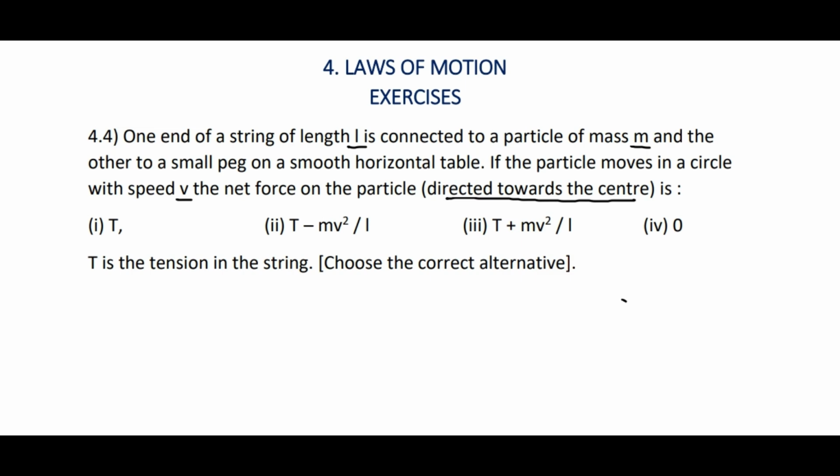Now here, on a table there is a particle of mass M. It is attached with the help of a string and it is moving with a certain velocity v in a circular path. Then what is the net force on the particle towards the center?